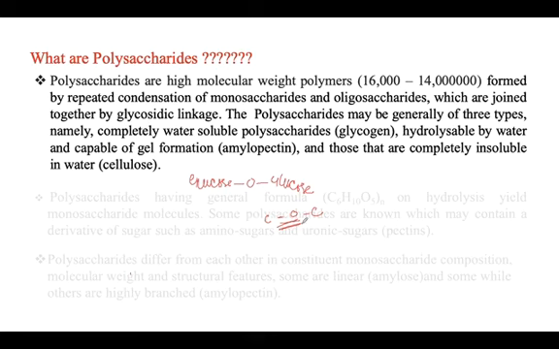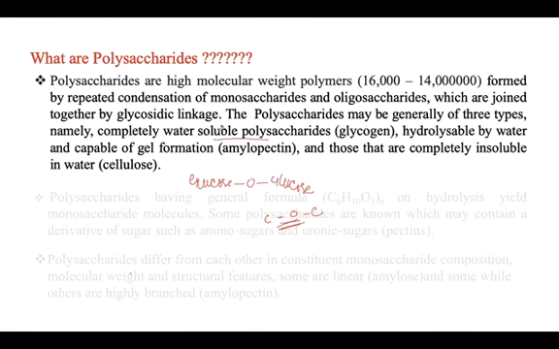They are connected with these glycosidic linkages, and based on their solubility, polysaccharides may be of three types. One, if they are completely water soluble, we call them glycogens.